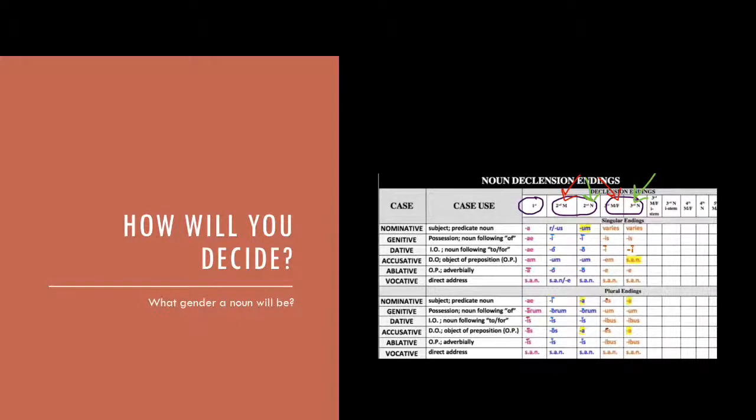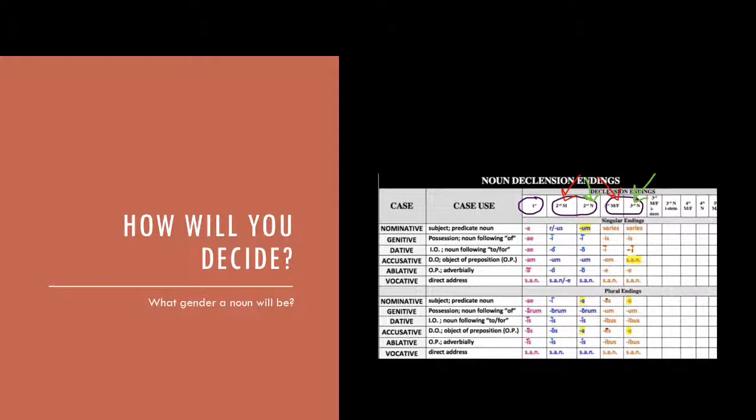Notice that some of the columns have genders associated with them. Second, masculine, second, neuter, third, masculine, feminine, third, neuter. Again, how will you decide what gender the noun is? I'm going to ask you to try to discover this by looking at the vocabulary list and comparing what you see on it to the inflections that you see on the noun endings chart.